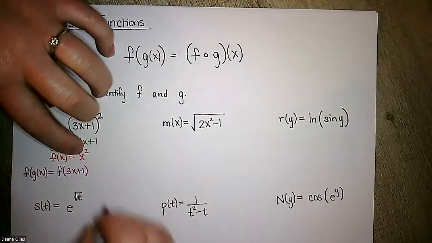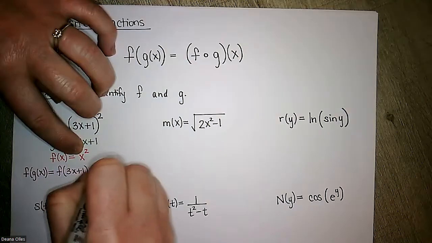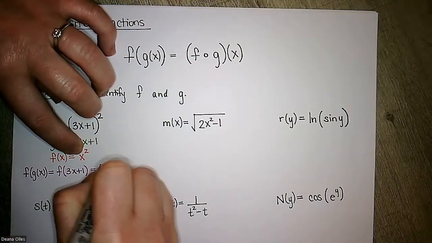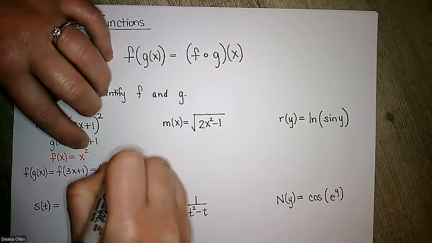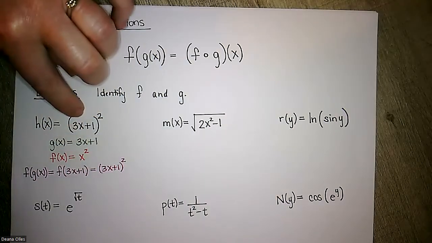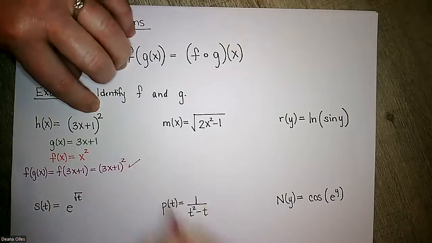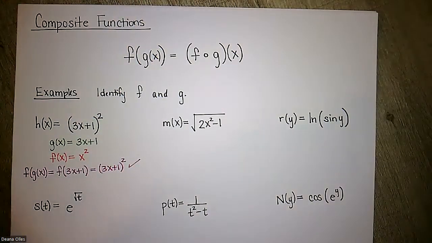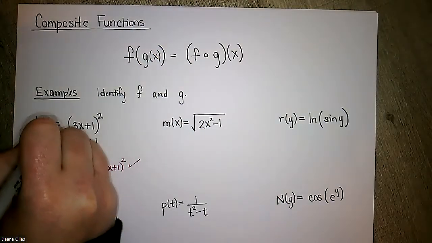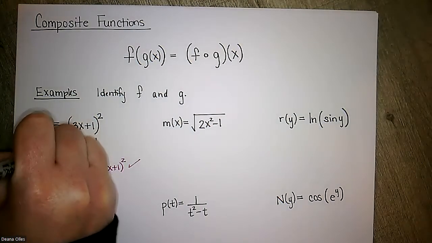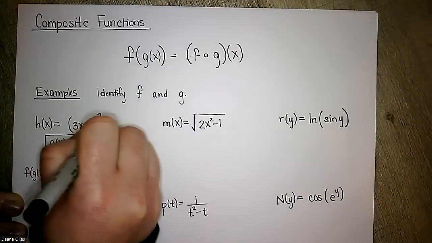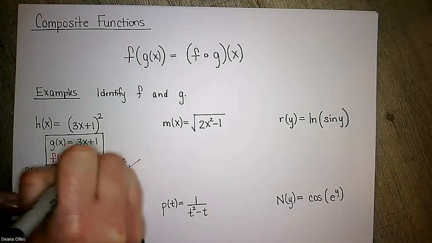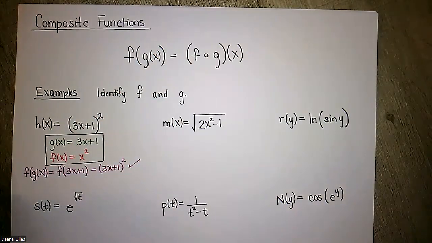The x in f of x is here, and I am squaring it. Is that in fact what I have? Yes, it is. So that's my check. I have identified f and g properly, and I've checked to make sure that what I've suggested makes sense.